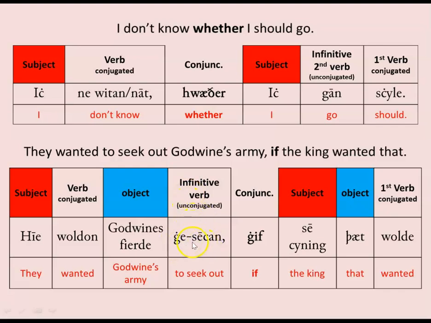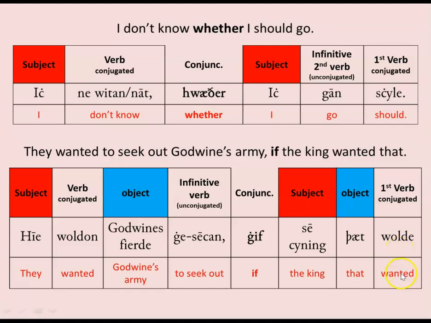You may see it some places as Yesechan, so different dictionaries will give you different spelling, but Yesekan or Yesechan in the West Saxon dialect. Conjunction if, subject se kuning, object that, if that's what the king wanted, that thing he wanted, in this case an object, and wanted Walde.